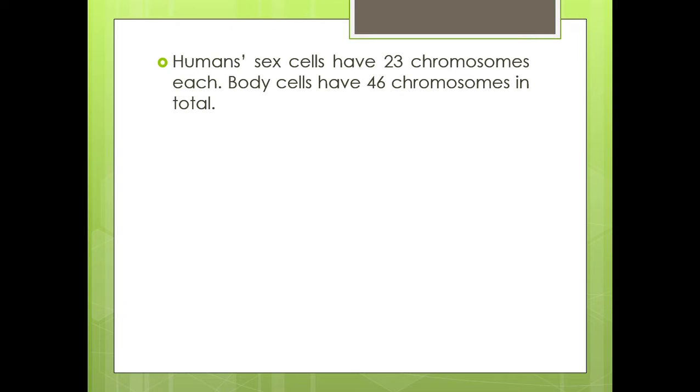So they had fewer chromosomes than a person. All right, so continuing with that, we can say that in the sperm and eggs of humans, we are going to find only 23 chromosomes. But if we take, for example, a cell from your skin, there will be a total of 46 chromosomes.